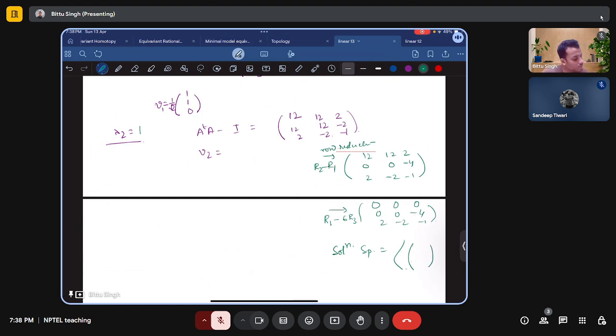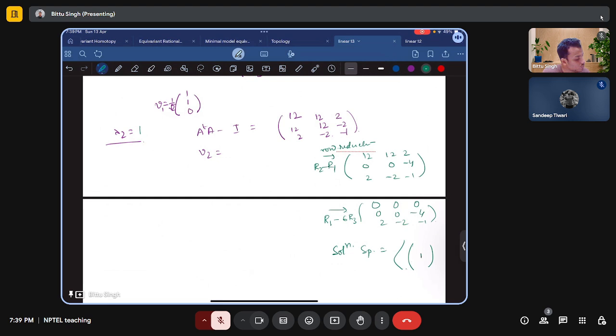What is the free variable? Free will be the third column. So we can choose anything in the third. Sorry, the third place is not free. The second one is free because this is the pivot column, right? So we can choose anything in the second place.